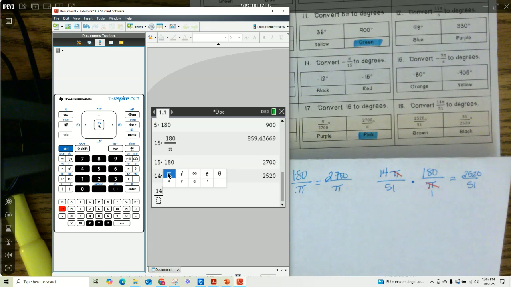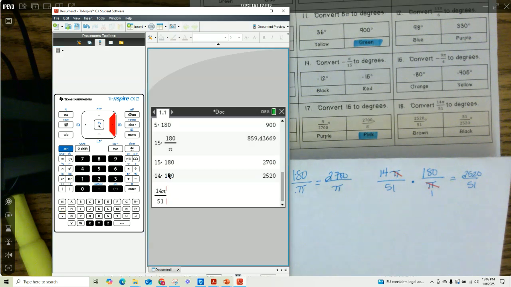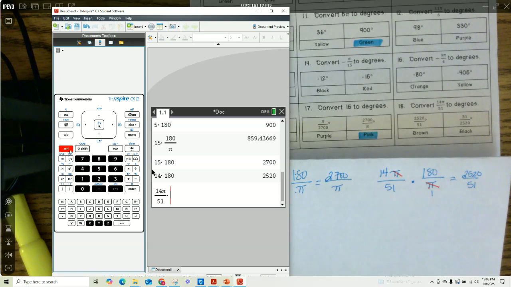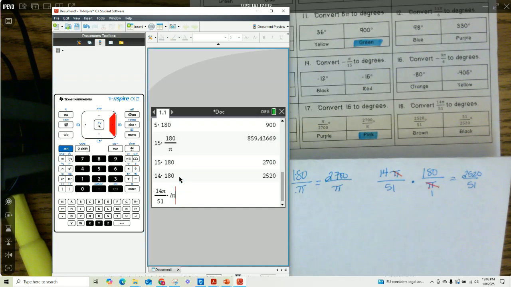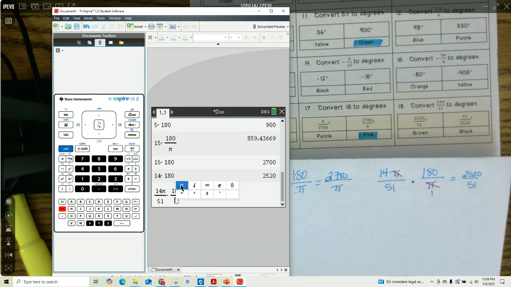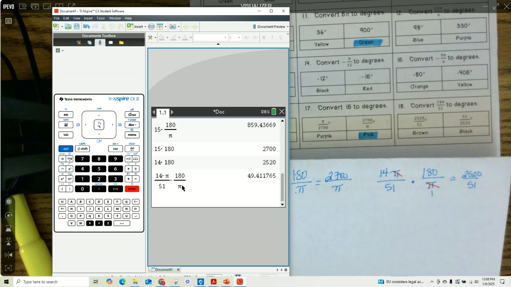This is one that you can type the whole thing in. It should cancel out right. 14 pi over 51 times, sorry. Pi. Why will it not make a fraction? My brain won't work today, y'all. I think I need to call it. Oh, it won't work. It gives you a decimal.